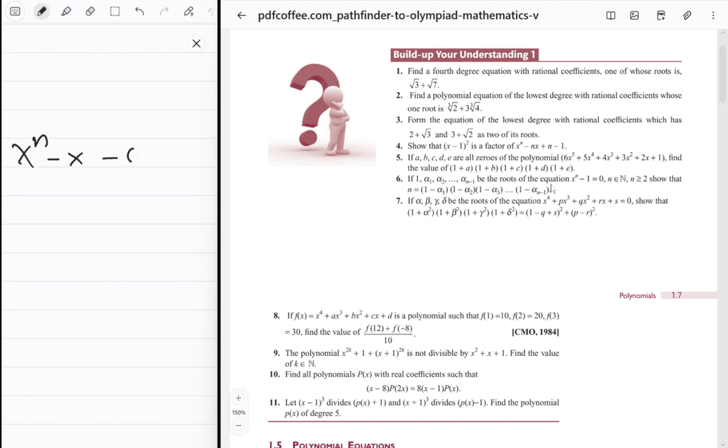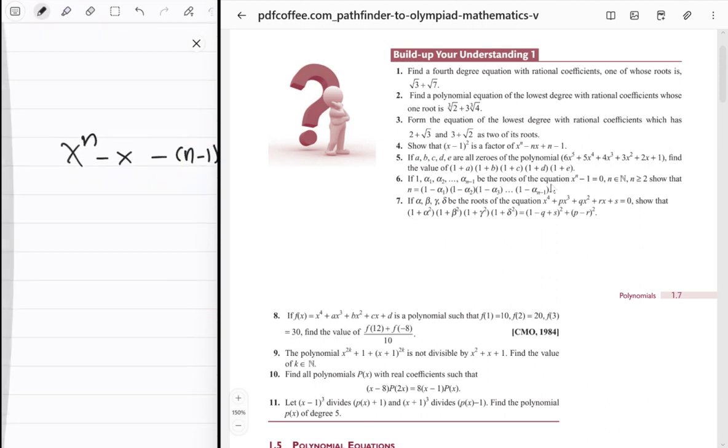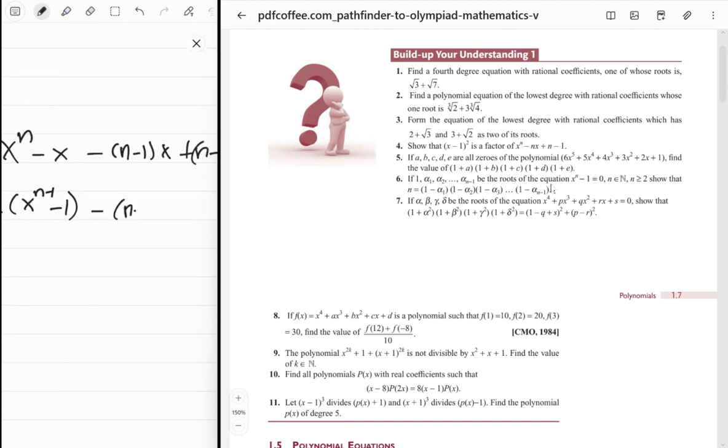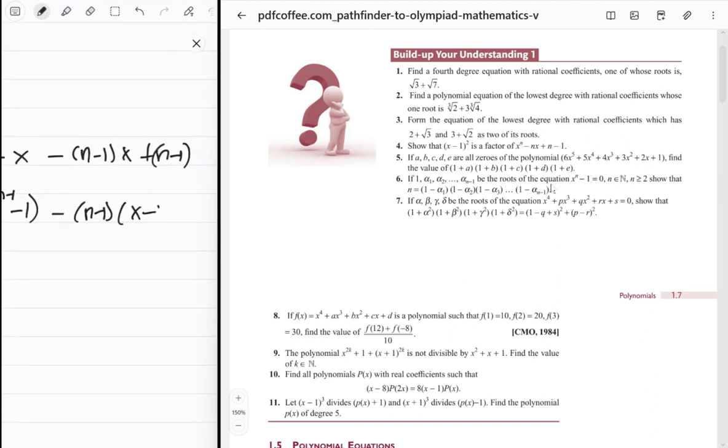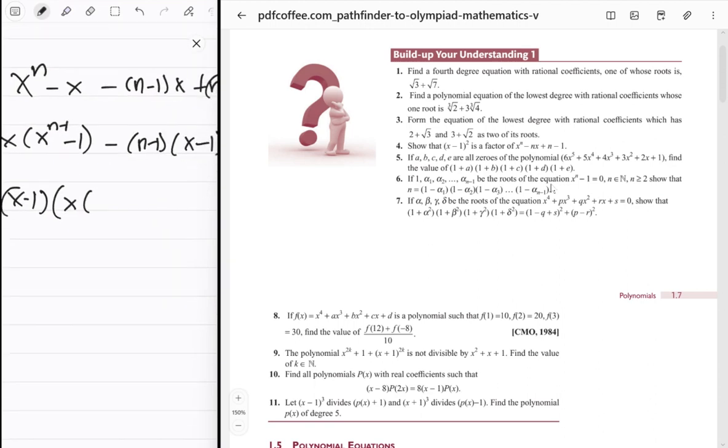So minus of n minus 1 times x plus n minus 1. This will be x times x minus 1 minus 1 basically. So x times x power n minus 1 minus 1, minus n minus 1 times x minus 1. That's basically x minus 1 times, now you can take x out, and then x minus 1 of, yeah, that's gone. Now you're going to have n minus 1 roots, so x power n minus 2 is where it starts. Wow, that's weird.